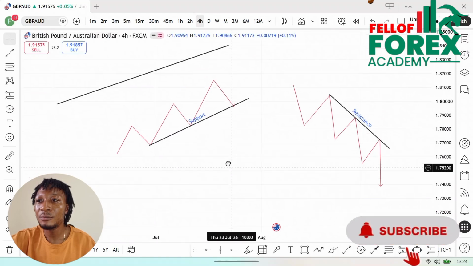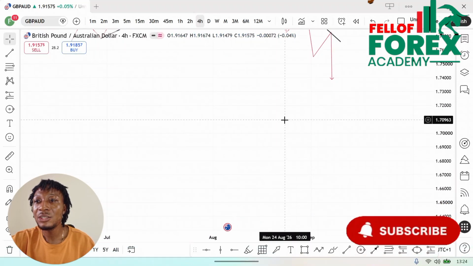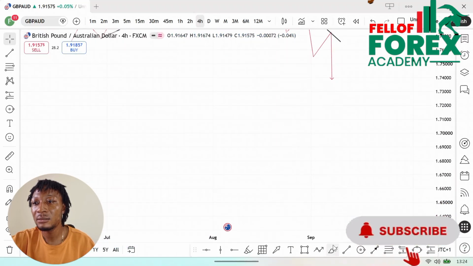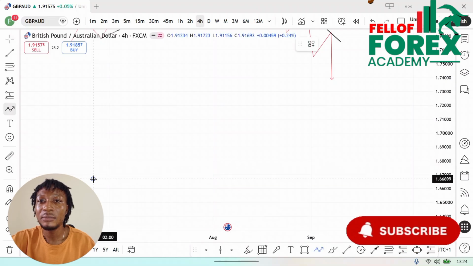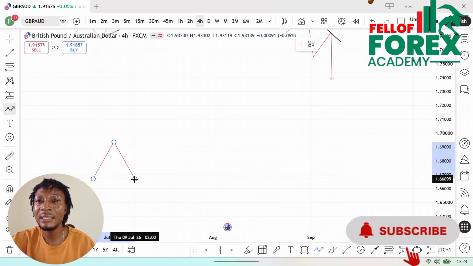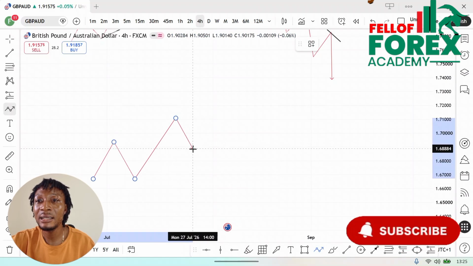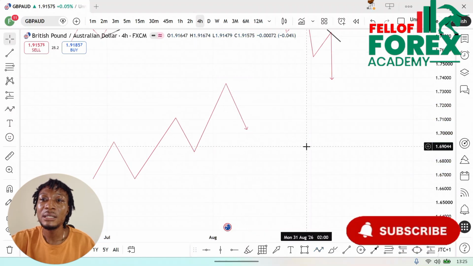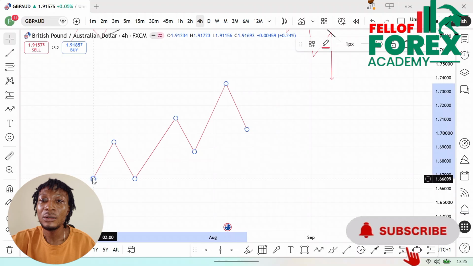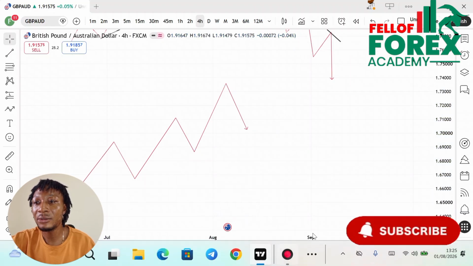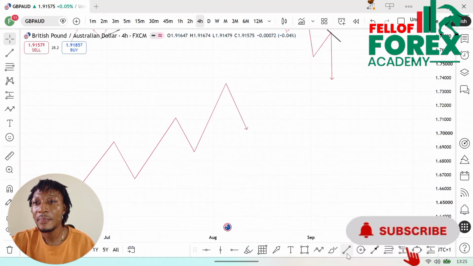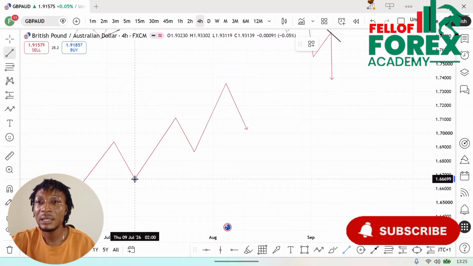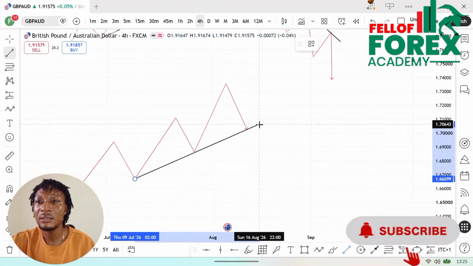Let's say you are in an uptrend. Price is creating higher highs and higher lows, higher high, higher low, higher high, higher low. Now you take out your trend line from here and connect.